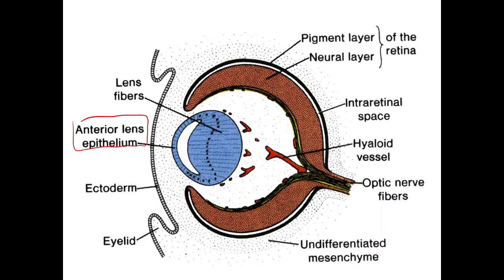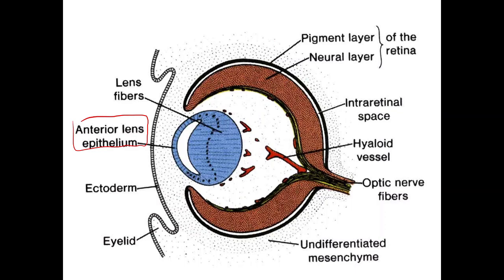There are lens fibers inside, some of which contain nuclei and some don't, and we also have the capsule around the lens. The hyaloid vessel will slowly disintegrate because we don't need the supply of the lens, and that's it.